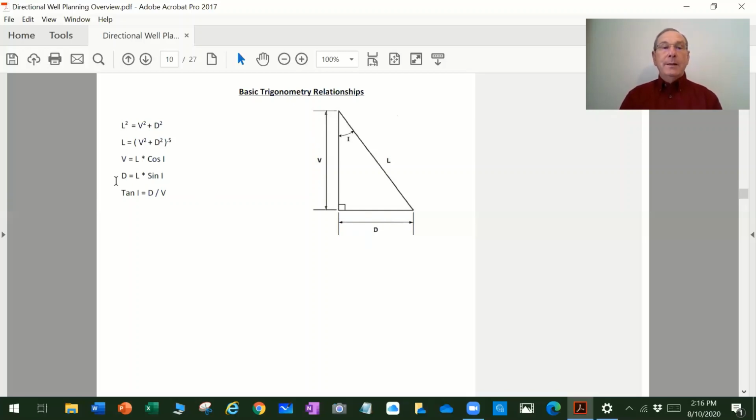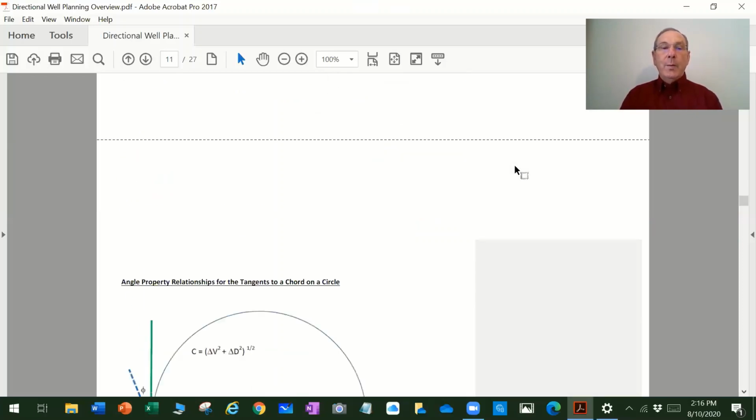The displacement is the drill depth, the length of the hypotenuse, times the sine of this interior angle, and the vertical depth is the length times the cosine of this interior angle. And then of course the displacement divided by the vertical depth is the tangent of that angle. So that's just a basic triangle relationship that we should all be aware of and know.